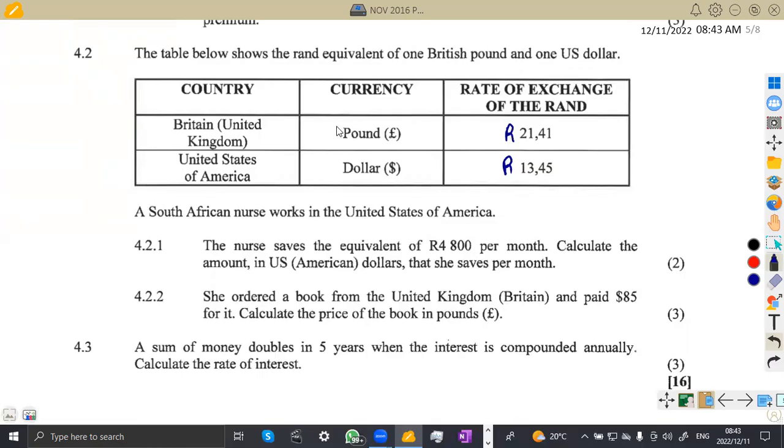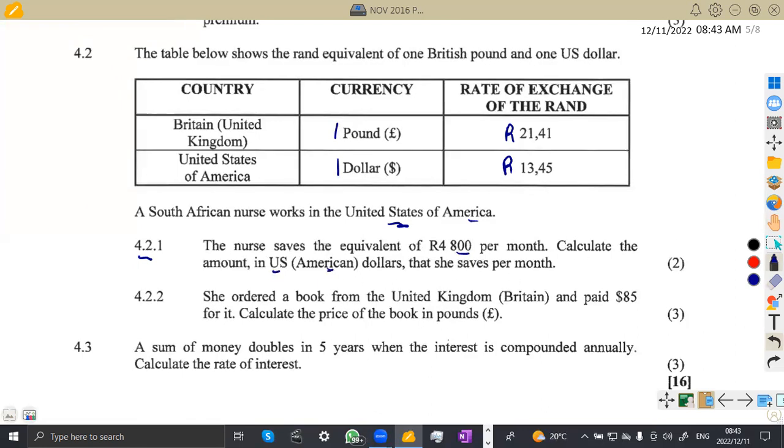Okay, this is just 1 pound, $1. So a South African nurse works in the United States of America, which are the ones who are using the dollar. So we are given on 4.1, the nurse saves an equivalent of 4,800 per month. Calculate the amount in US dollars that she saves per month.